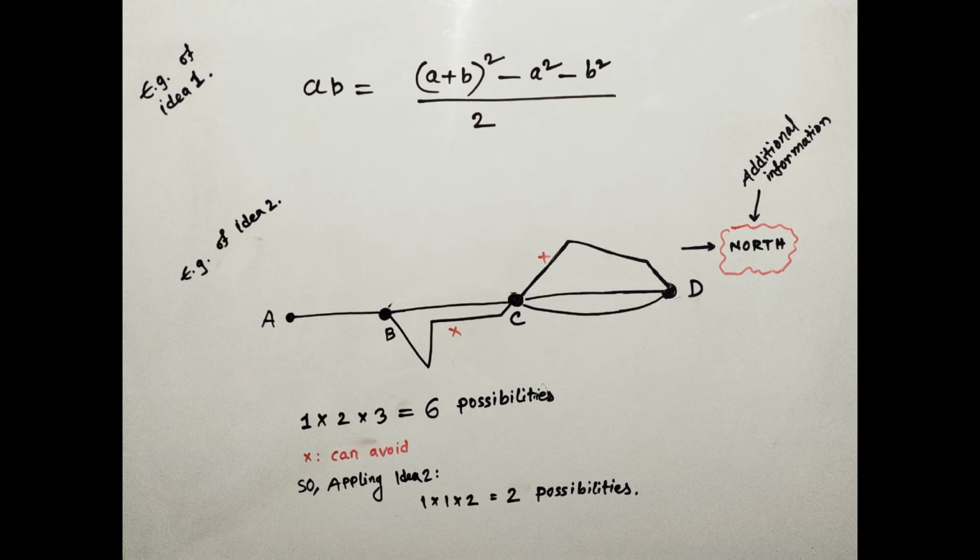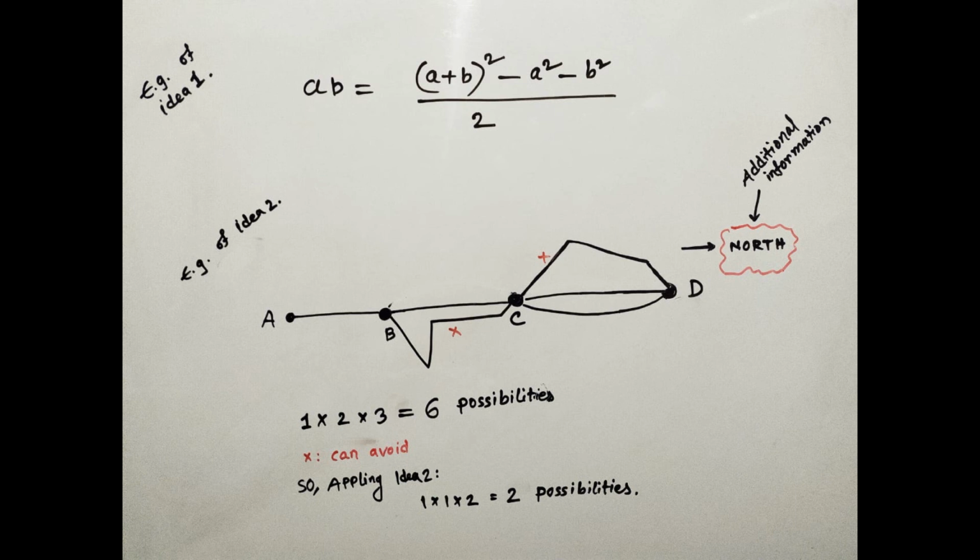Idea number 2: find out groups of tasks and find out the importance of each task. Less important tasks can be considered equal to 0. Suppose we need to find the shortest distance from A to D. D is located north of A. If there are many ways from A to D and some are not directly connected in the same direction as D, then you can avoid them.